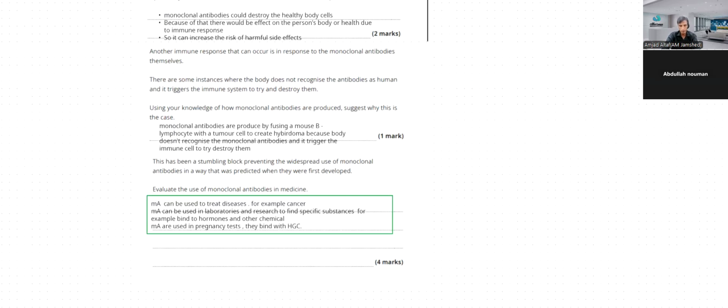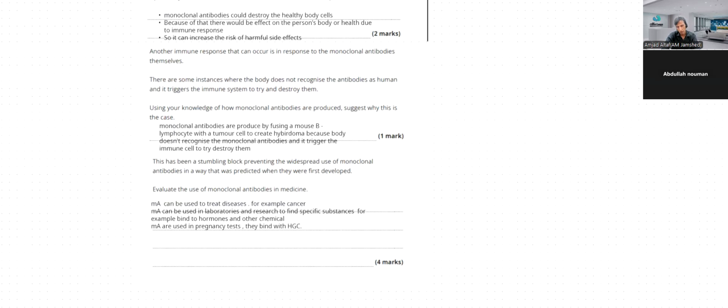Okay, so the next question is: evaluate the use of monoclonal antibodies in medicine. Yeah, I have done this one. You can see it, you can mark it. It's to find specific substances.